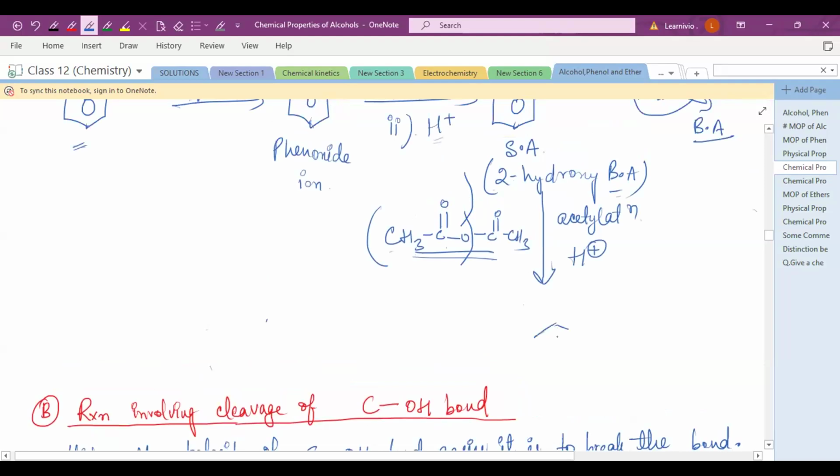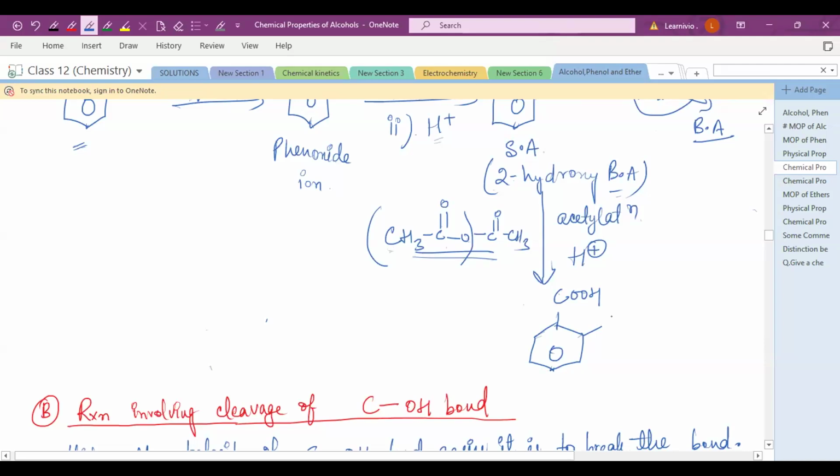This is your COOH. So here, the OH will be removed and the CH3COO group will be attached. This is a carbon, right? You have to attach it via the electronegative element, from the oxygen side, not from the carbon side.